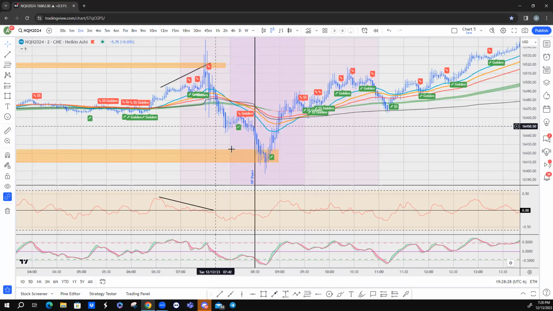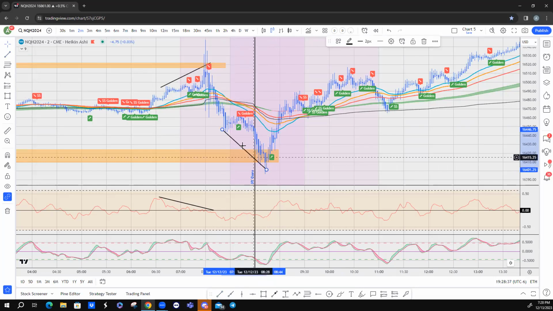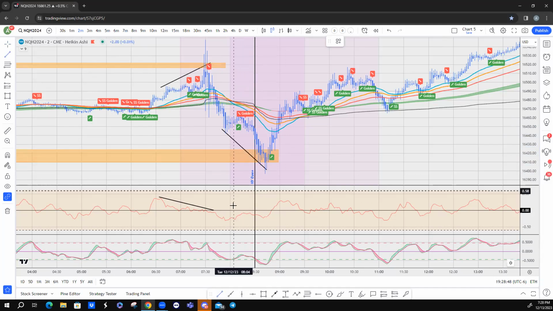Yeah, so this is why I like to stay here. Now, this right here is also another divergence. If I wanted to take this trade, it's well within that parameter. It's within my zone. Price came down to the level. You have a high probability setup over here, and here it is.